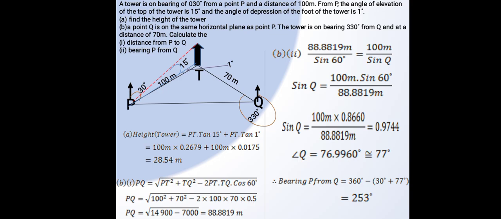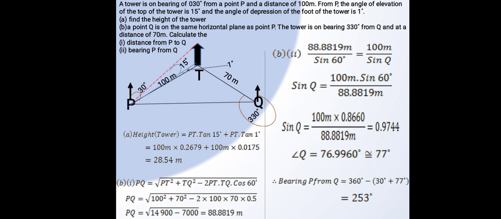Now to get PQ, we shall get the square root of PT squared plus TQ squared minus 2PT multiplied by TQ multiplied by cos 60. Now computing that, we get that PQ is 88.8819 meters.